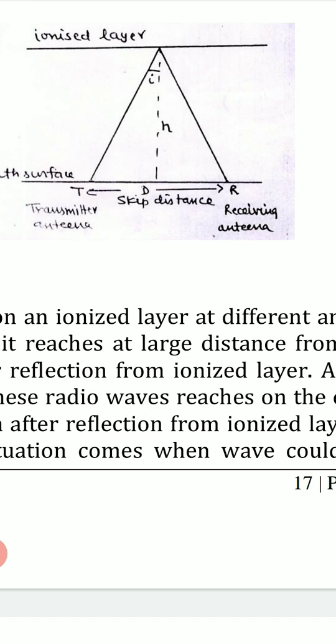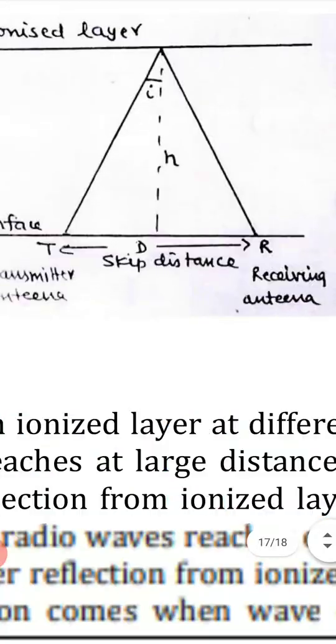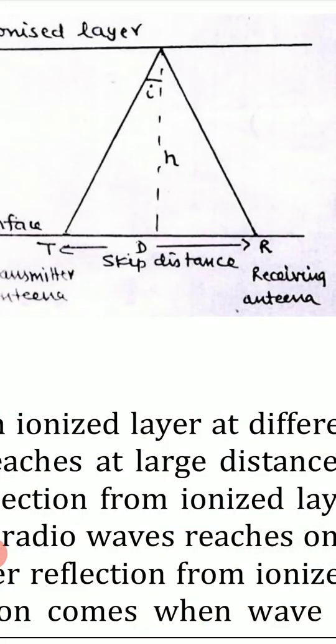If the frequency is the maximum usable frequency, then the distance between the transmitter antenna and the receiving antenna will be equal to the skip distance. We write this skip distance as capital D. It is the minimum distance between the receiving antenna and the transmitter antenna.